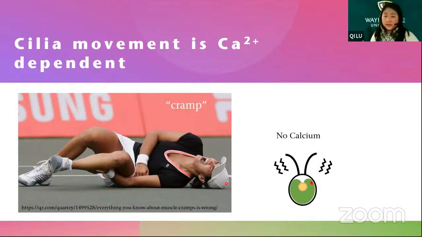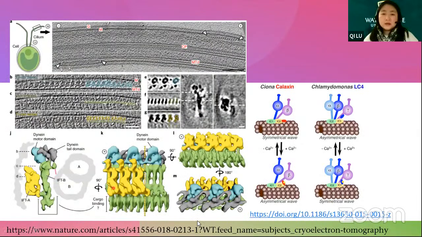It's not working as well as normal. It's a little like a cramp in our own legs. This is because the cilia's movement is dependent on calcium. So lower or higher calcium concentration will change the movement behavior of the cilia.